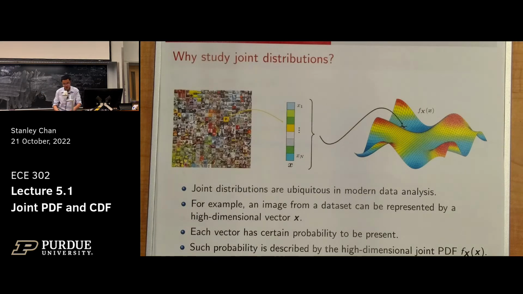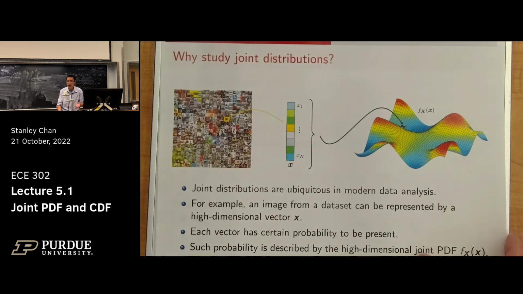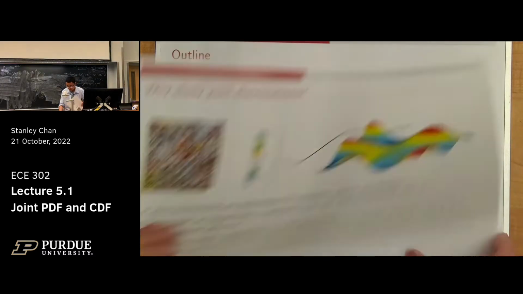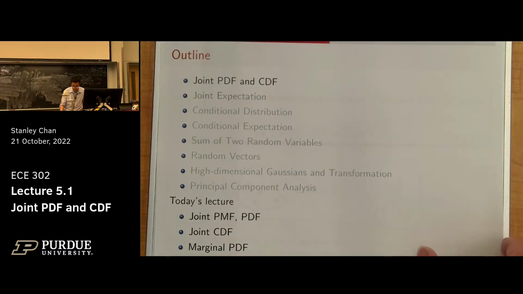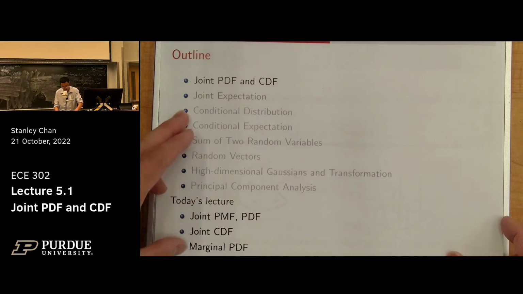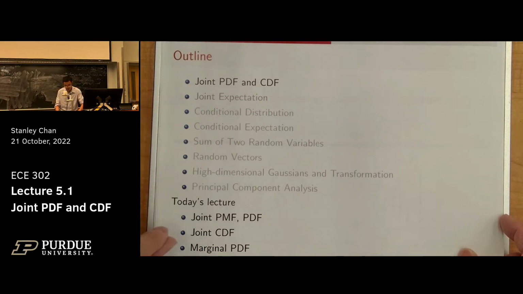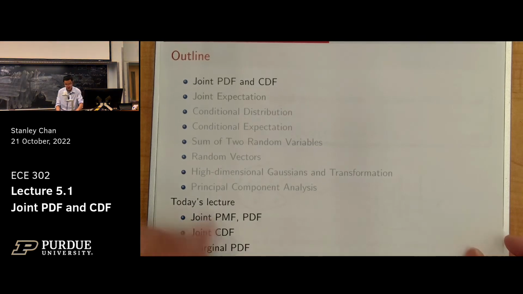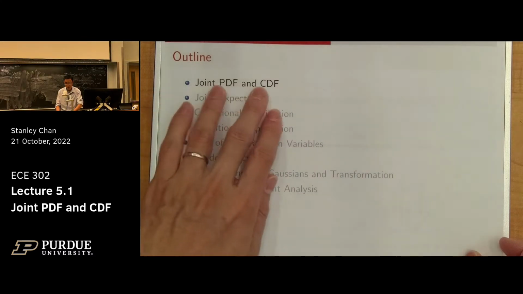So the reason we want to study this joint distribution is that there are many practical problems that I can introduce to you once we understand it. So what we want to do today is to talk about a few things: joint PMF, PDF, CDF, marginal PDF, PMF, and also independence. I want to cover these. So that will correspond to one section in this chapter.